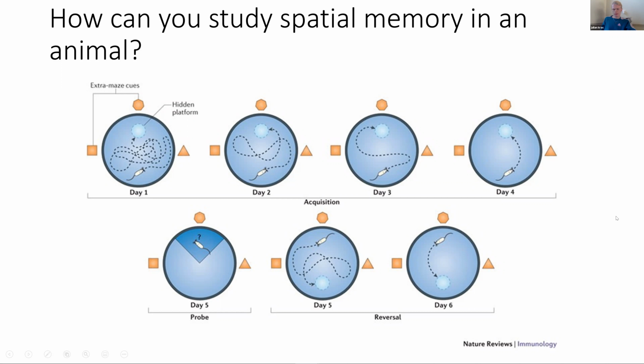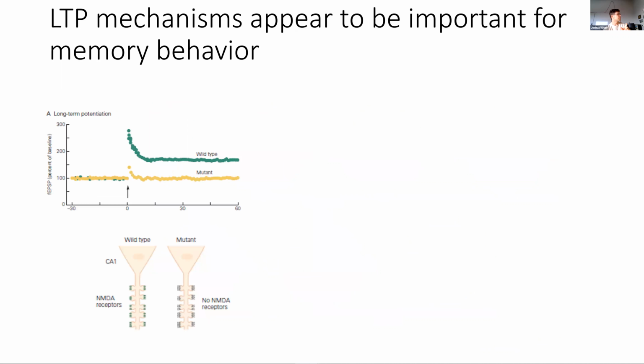So in this case, this Morris water maze, we know that there's something involving LTP in order for that to be done, because, for instance, if you interfere with the expression of NMDA receptors. So you have your CA1 neuron here that is expressing NMDA receptors, and you might have some sort of mutant mouse, for instance, that has no NMDA receptors.